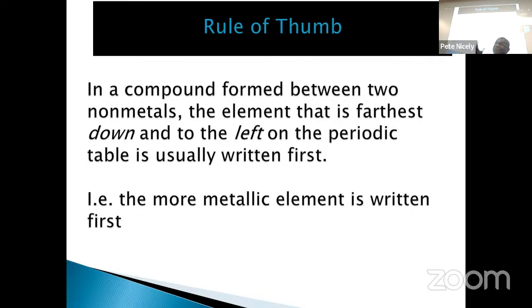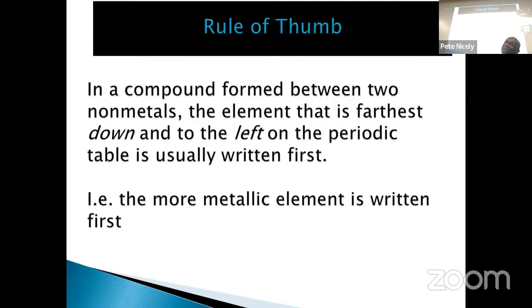So for example, just to pick 2 arbitrary examples, let's say you're looking at a compound that is formed between carbon and oxygen, right? If you look at the periodic table and look at the positions of carbon relative to oxygen, you see that carbon is to the left and oxygen is to the right. So therefore, when you're writing down the formula for the compound formed between carbon and oxygen, carbon will be mentioned first in the formula and then oxygen, right?